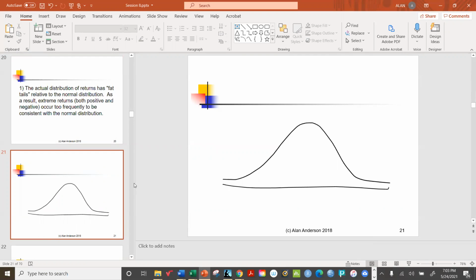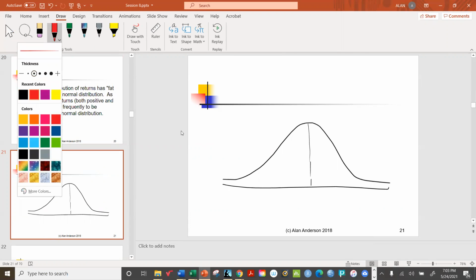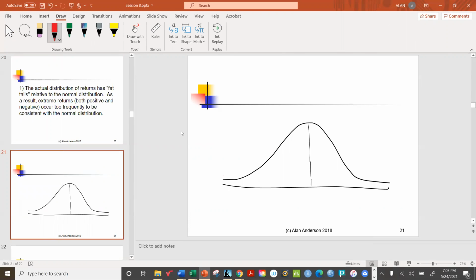But in practice, there's a tendency for there to be more extreme returns than you would get with the normal distribution. There will be more area in the tails, but not quite so much area in the center.